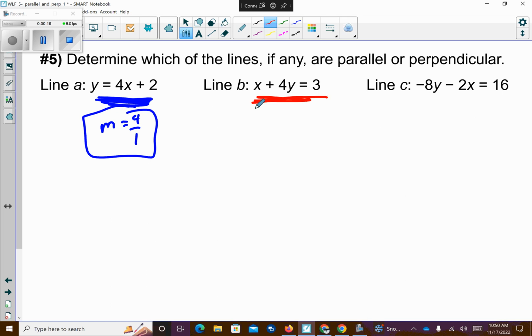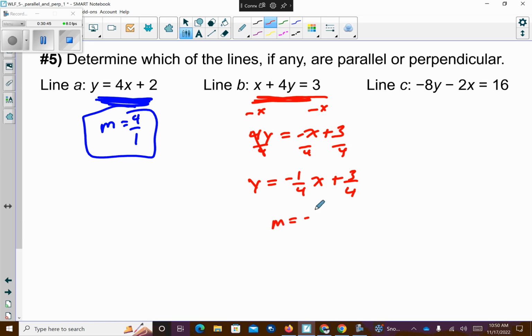Very good. So I'm going to subtract x. So I'm going to get 4y equals negative x plus 3. Did you follow what I just did? I want y by itself, so I'm going to divide this by 4, this by 4, this by 4. Those cancel, so y equals negative 1/4 x plus 3/4. Hey, what's the slope of this line? Negative 1/4. Okay. So that's this slope.